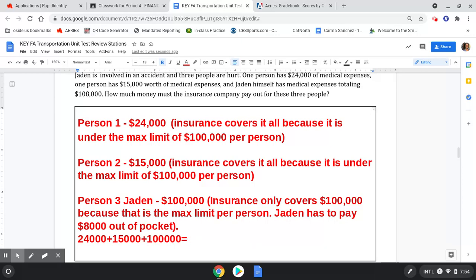So 100,000 plus 24,000 plus 15,000, I'm getting 139. How'd you do? And the insurance will pay that 139 because it is under the max of 300,000 total.